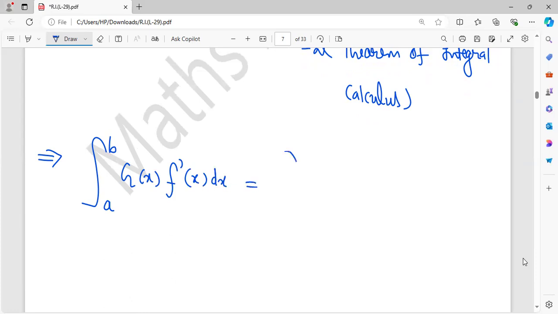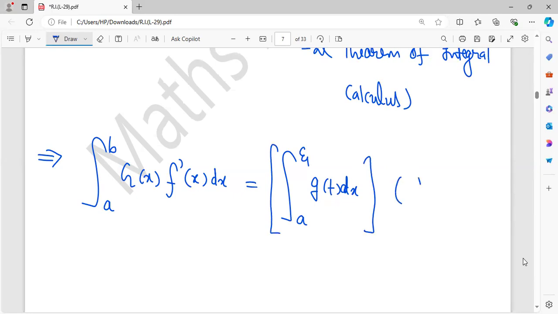This is nothing but integral a to xi g t dt. And this is f b minus f a.